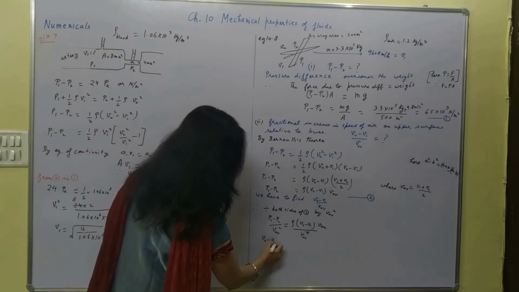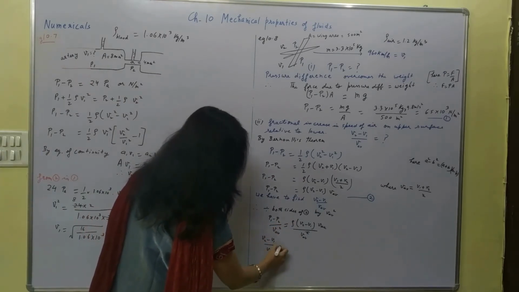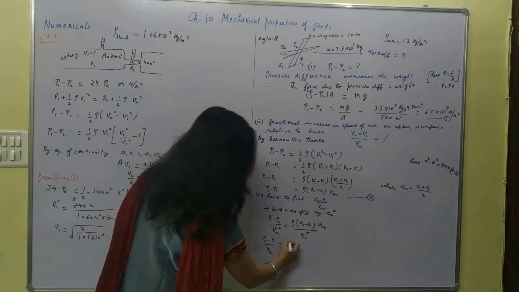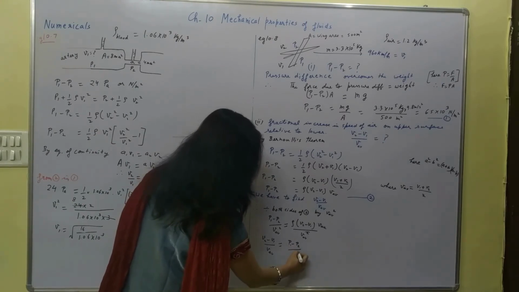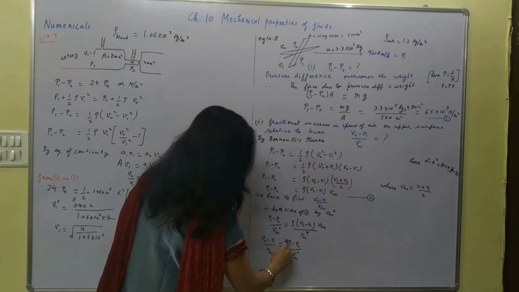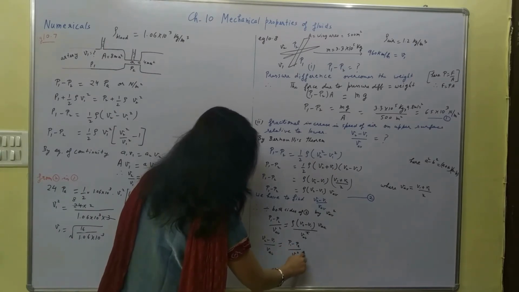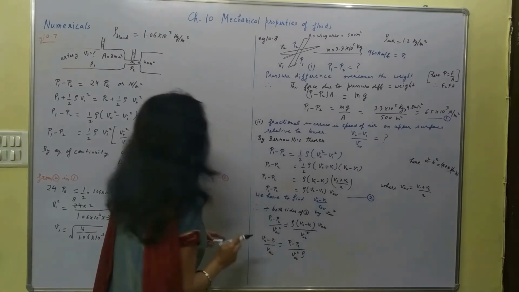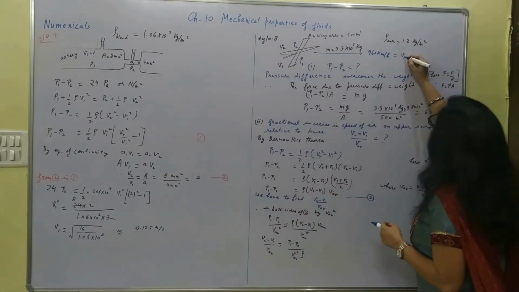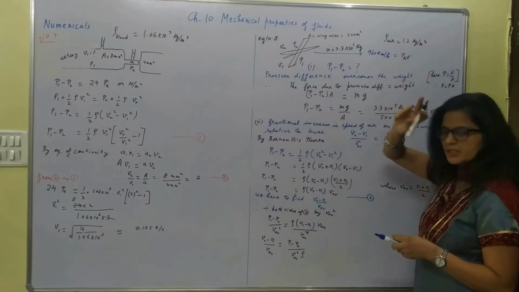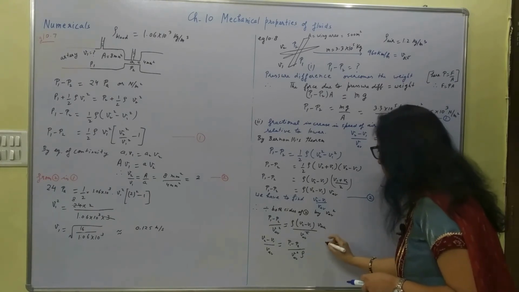(V2 minus V1) upon V average is equal to (P1 minus P2) upon V average square into rho. The average velocity is actually given in the language of the question. So we can put these values.